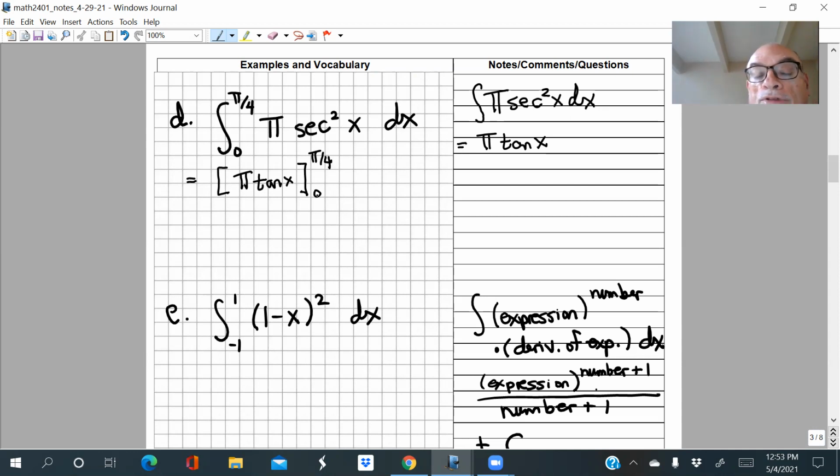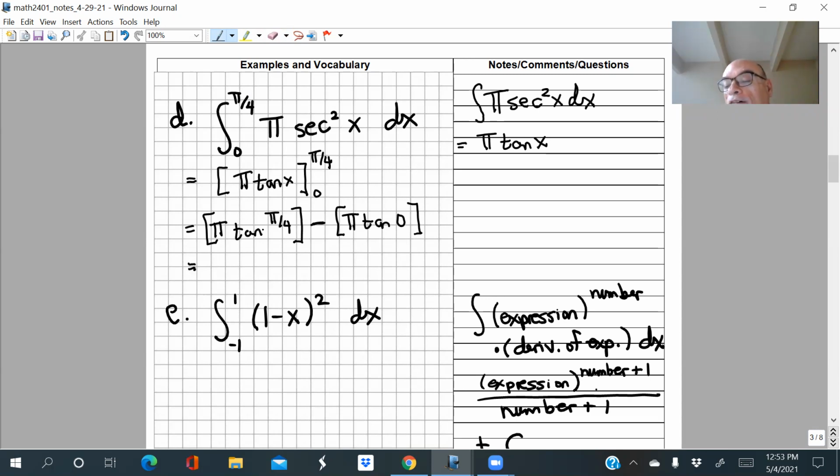So we get pi times the tangent of pi over 4, because I'm going to plug pi over 4 in first, minus, don't forget you take the difference, pi times the tangent of 0. So plug in that lower limit of integration, and hopefully those will be easy tangents to evaluate.